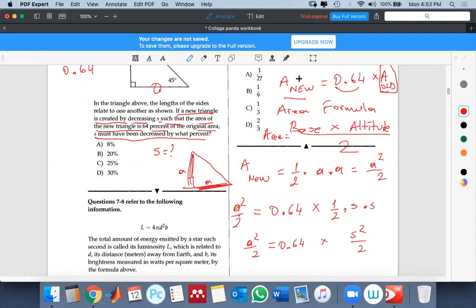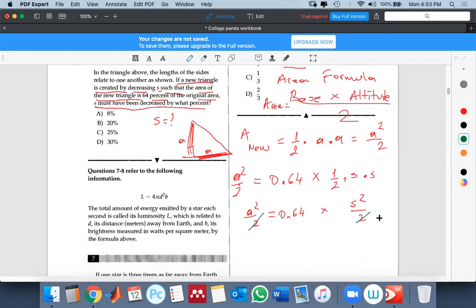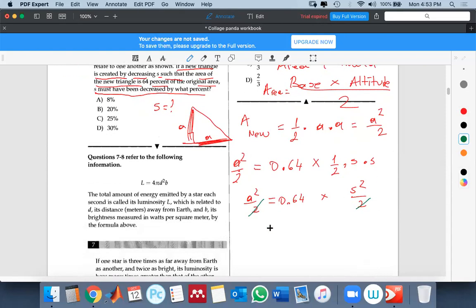Just simple to simplify things. These two and these two can be simplified directly. And then A squared over S squared is equal to 64 over 100, I can say. Now the question is, how could it be this? S was the original one and A is the new one.